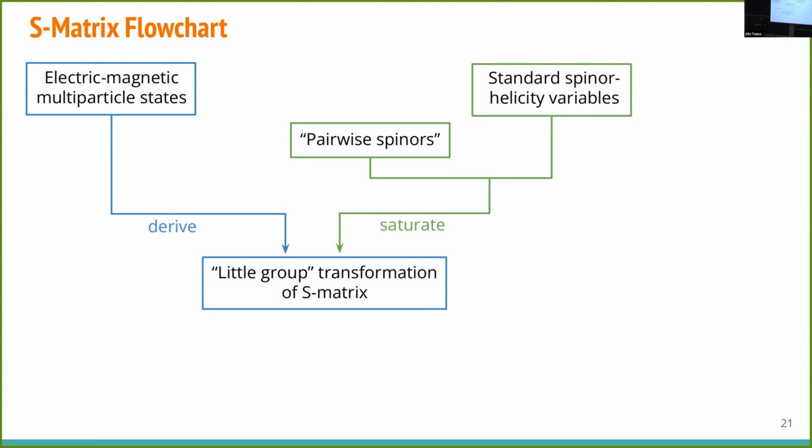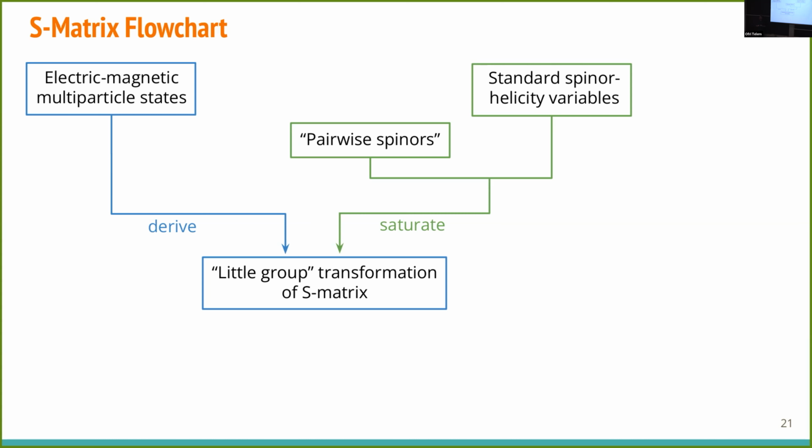Just by the fact that I said it's a fermion scattering with a scalar, I know what the phase of the S matrix will be when I do a Lorentz transformation. The S matrix is not Lorentz invariant, it's only Lorentz invariant up to a phase or an extra little group factor. And I know what this factor is just by the fact that I said that I'm scattering a fermion and a scalar.